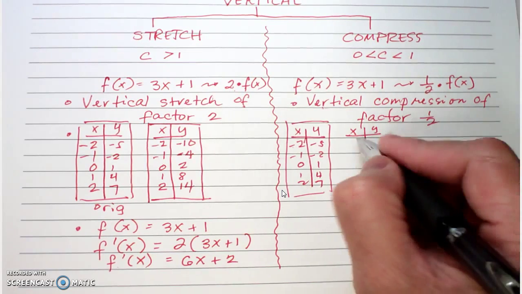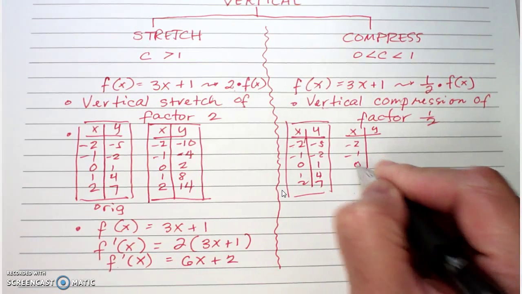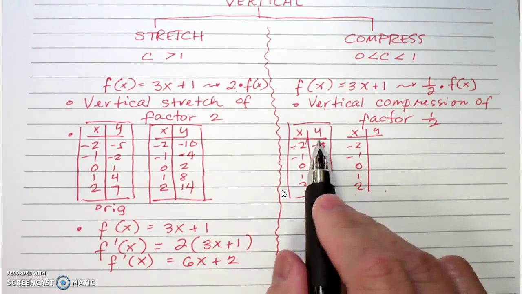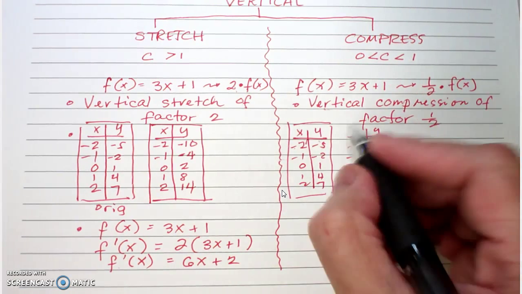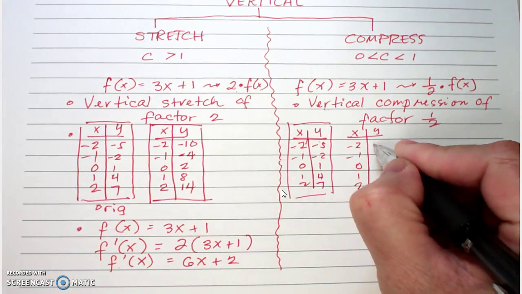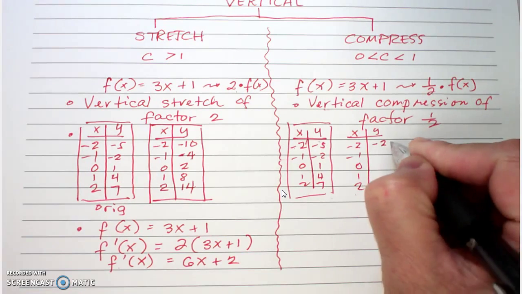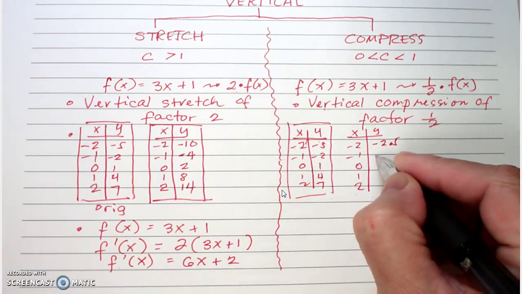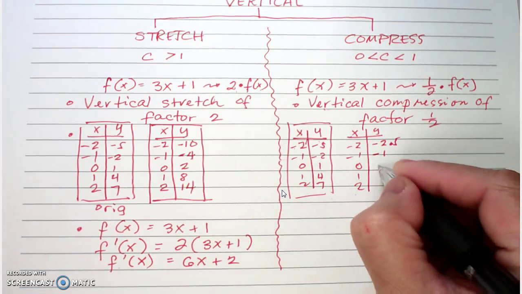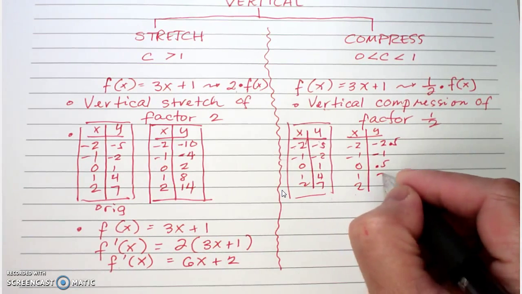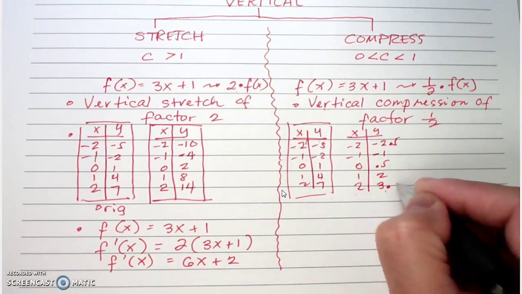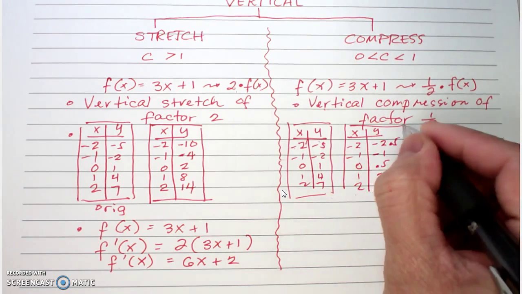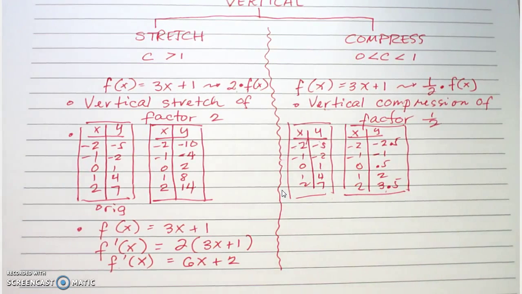X will stay the same. So -2, -1, 0, 1, 2. And all these will be cut in half. So the -5 becomes -2.5. -2 becomes -1. 1 becomes 0.5, 4 becomes 2, and 7 becomes 3.5. This is now the table that represents your new function.